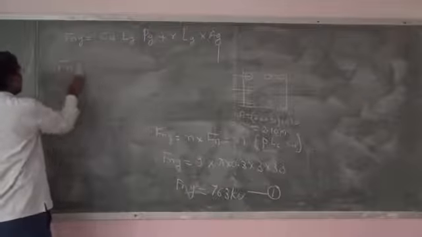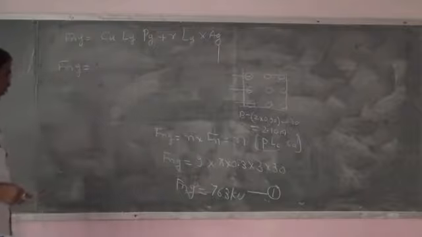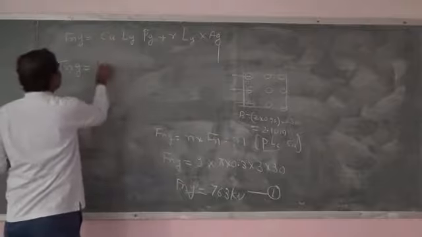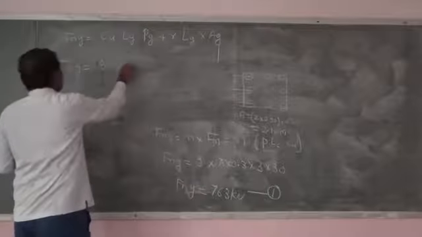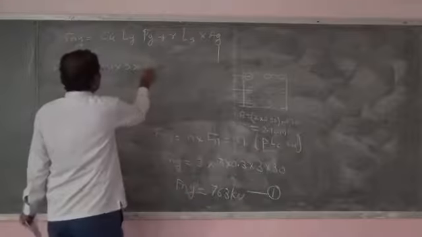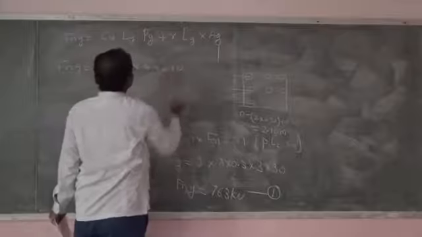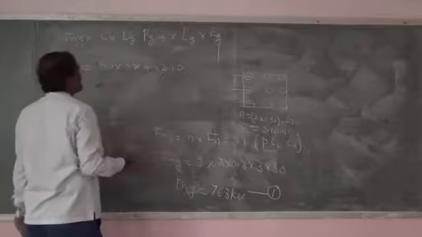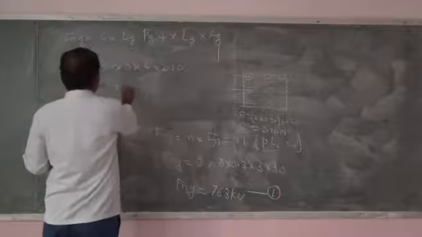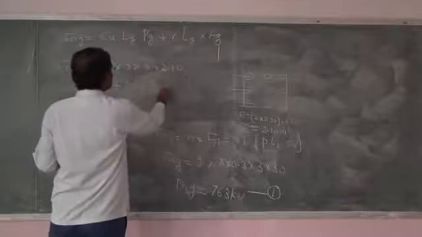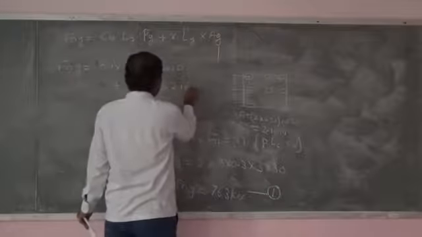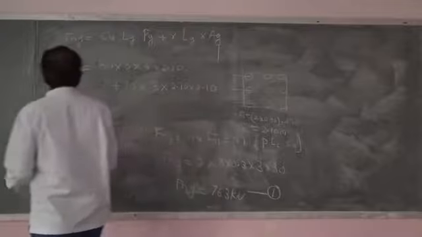So for the piles in group, c_u is 30, length is 3, P_g is 4 sides, 4 into 2.10, plus gamma, gamma is 15, length is 3, area is, one side is 2.10, 2.10 into 2.10.